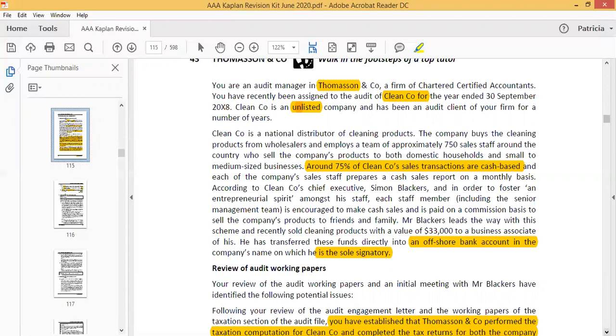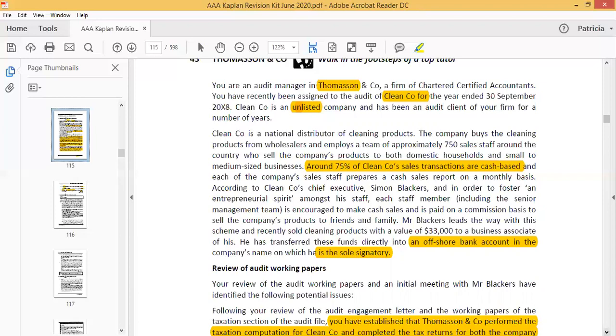So in this situation, it can be an example of placement of illegal funds. You can see it's kind of suspicious, putting this 33,000, the size of the transaction in a business selling cleaning products, and the round sum amount, it can be suspect for a money laundering scheme.